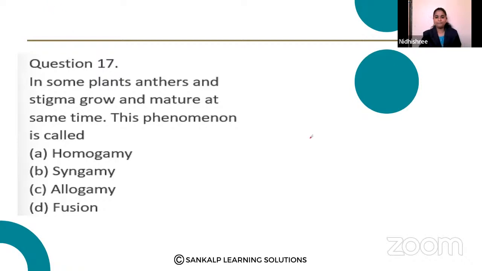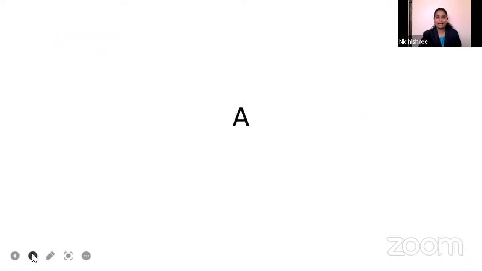Read the question properly. The right answer is option A, homogamy. Homo means same. At the same time, both reproductive parts will mature, so it is called homogamy.